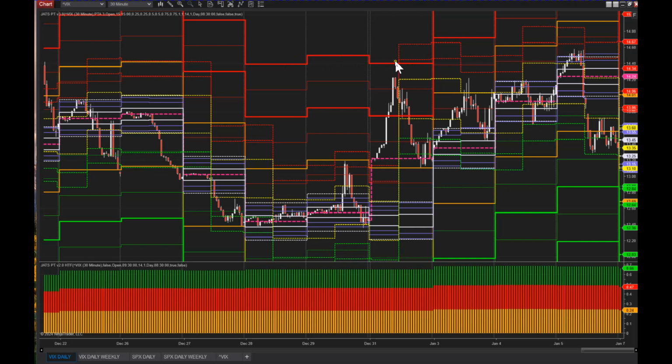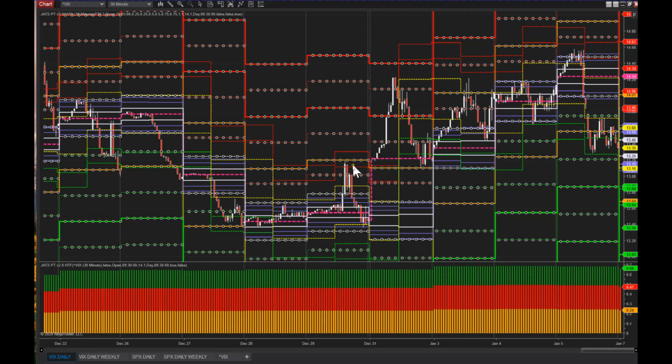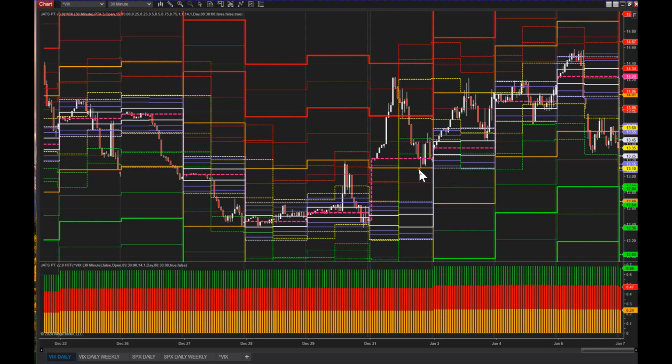They weren't going to let them touch it. They sent it back down, and here it went right back to that daily three. So you can see the precision of these levels tied to these higher institutional algos where they're trading in and out of these ranges pretty much every day.